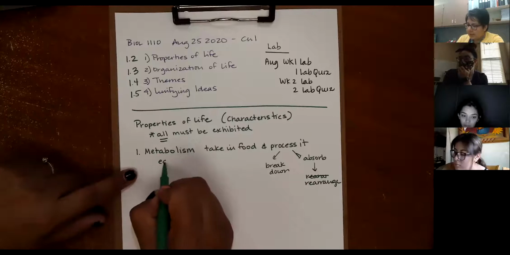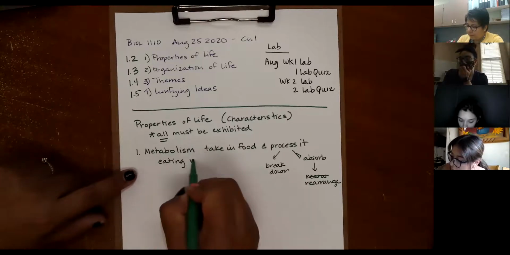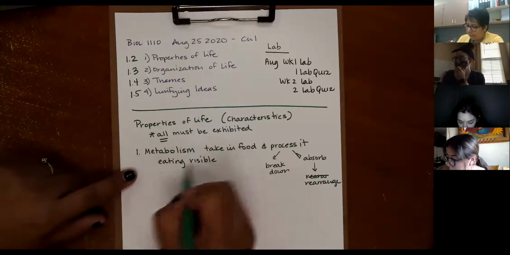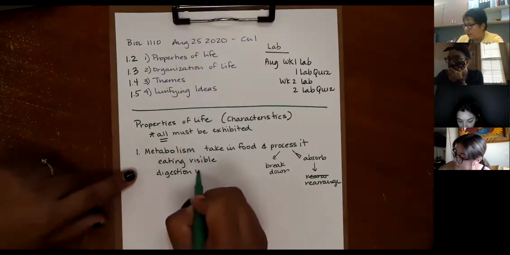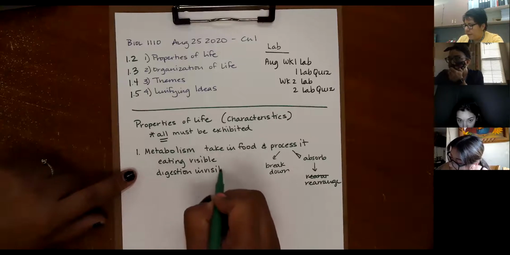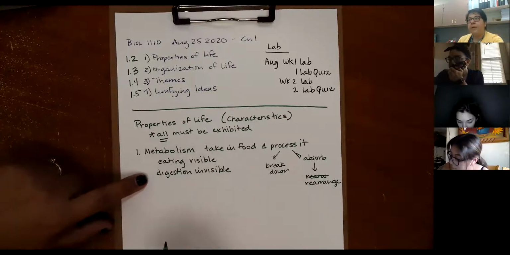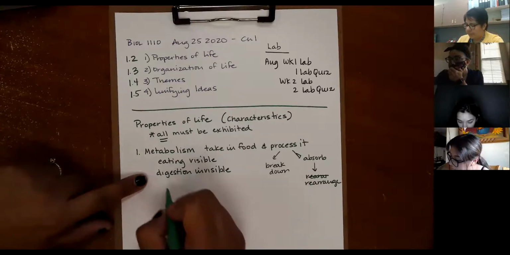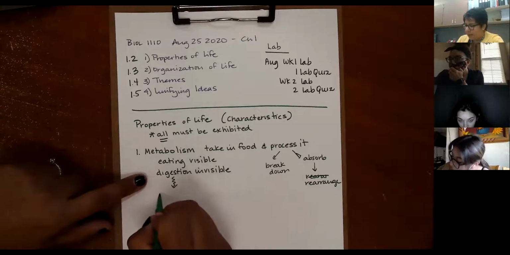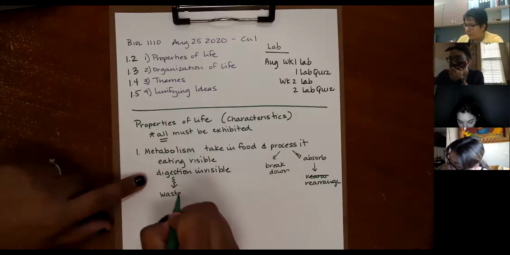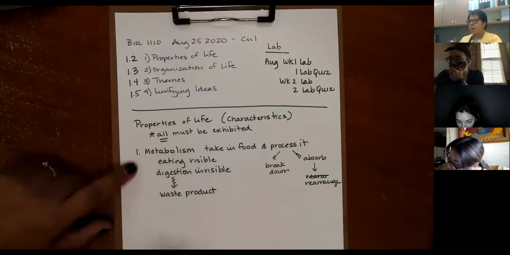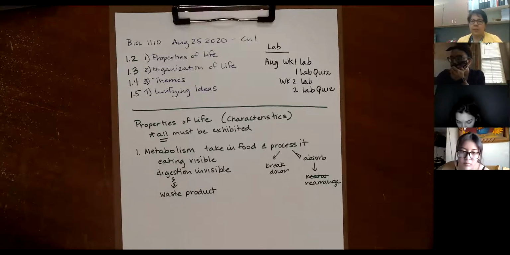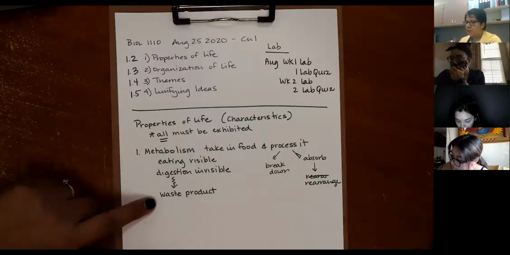Eating is sometimes visible, but digestion is invisible itself. But kind of what tells us that digestion is happening is the generation of waste products. Metabolism is not 100% efficient. When you take in food, you're always going to have some stuff left over that you can't use.